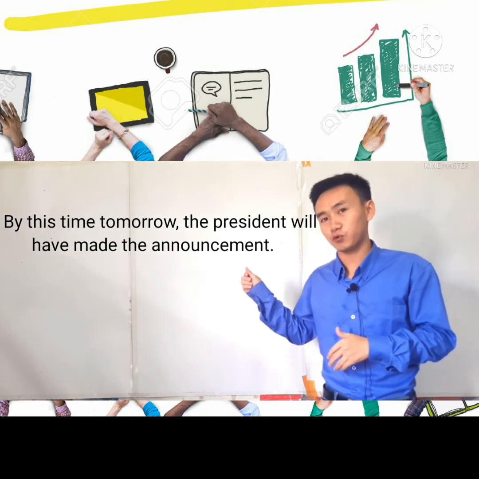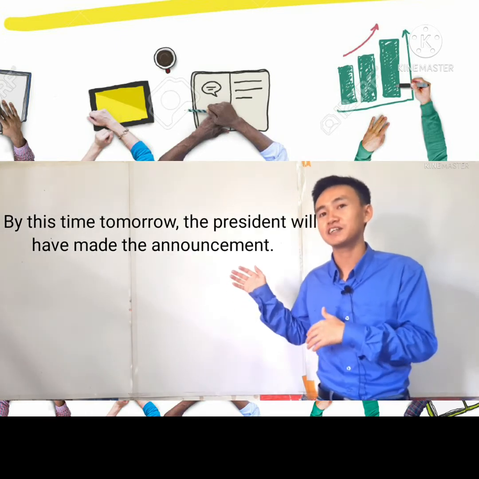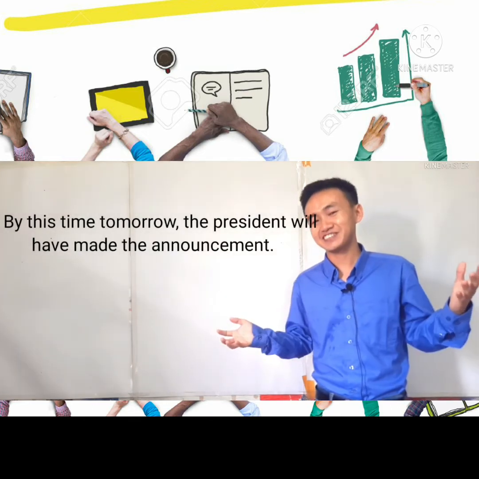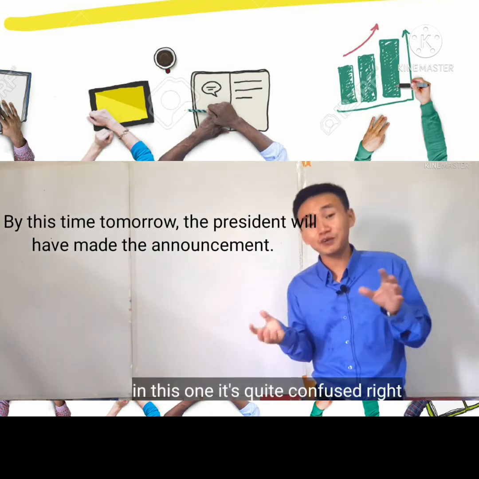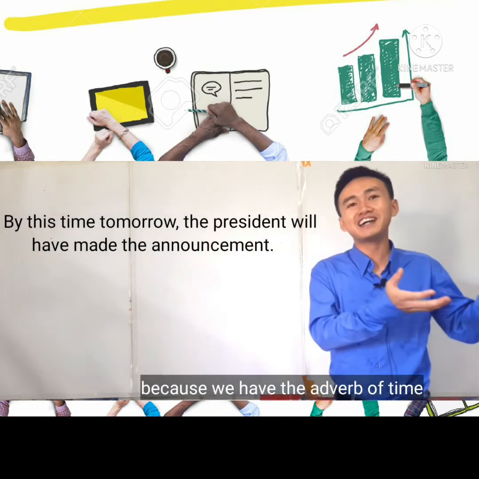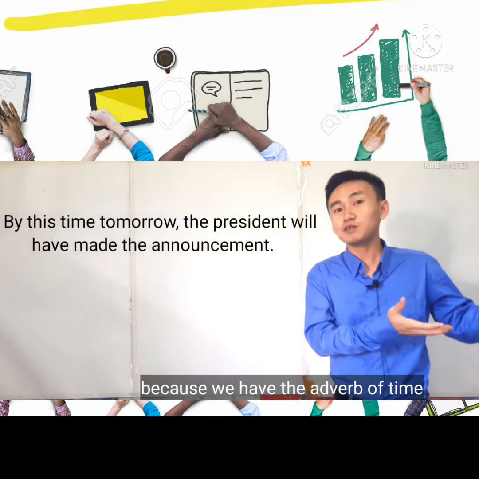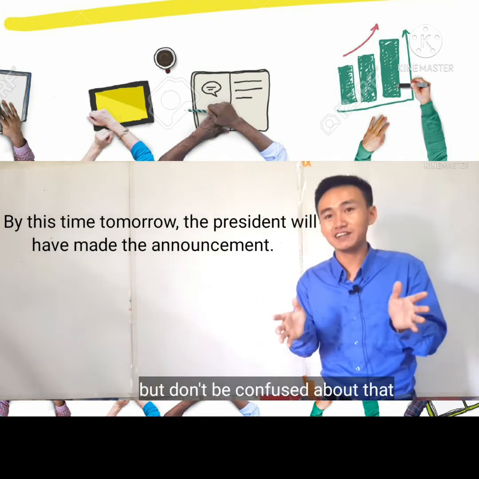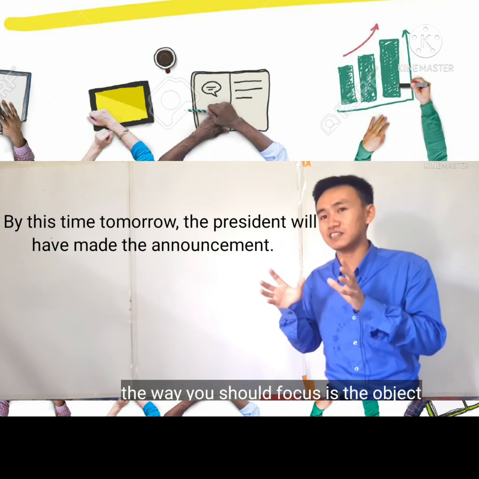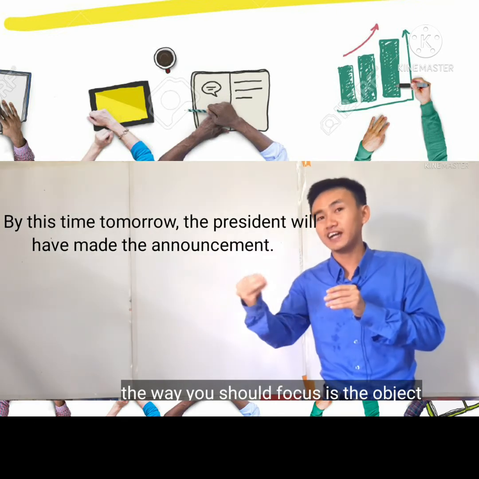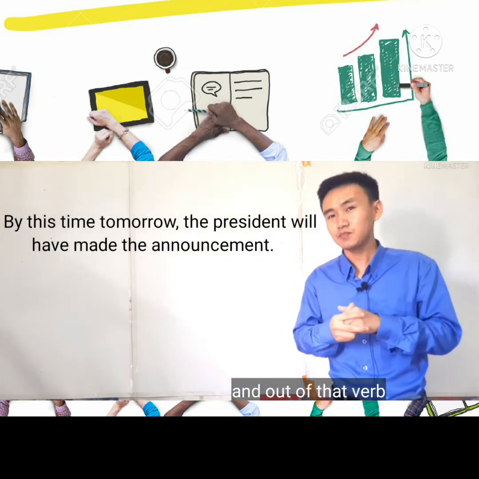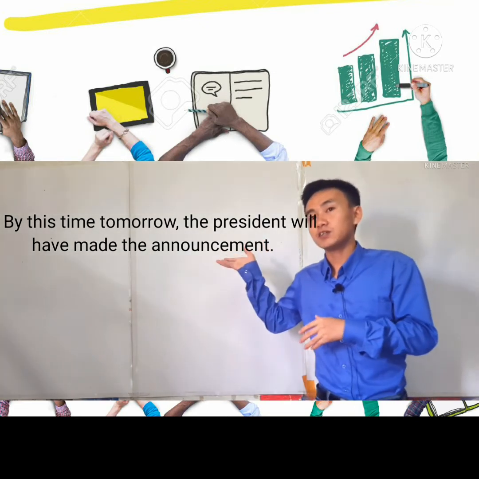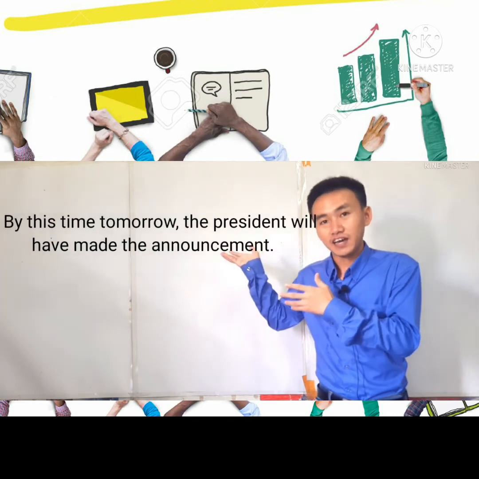Alright, and let's look at number 7. By this time tomorrow, the president will have made the announcement. Could you guess in this one? It's quite confusing, right? Because we have the future and the time expression by tomorrow. But don't be confused about that. The way you should focus is the object. Use the object first, and after that, the verb. In this one, we use the announcement.